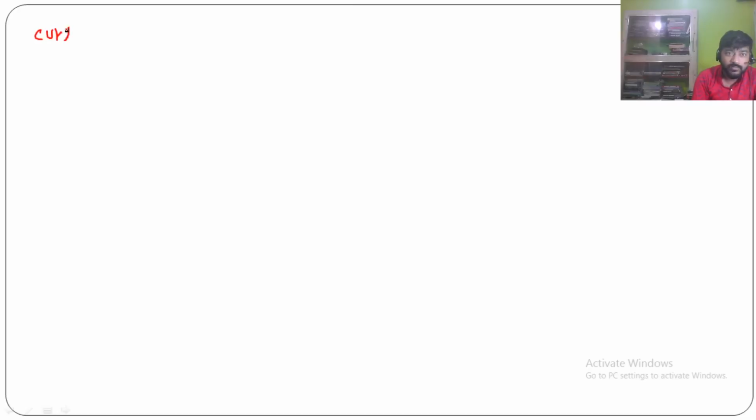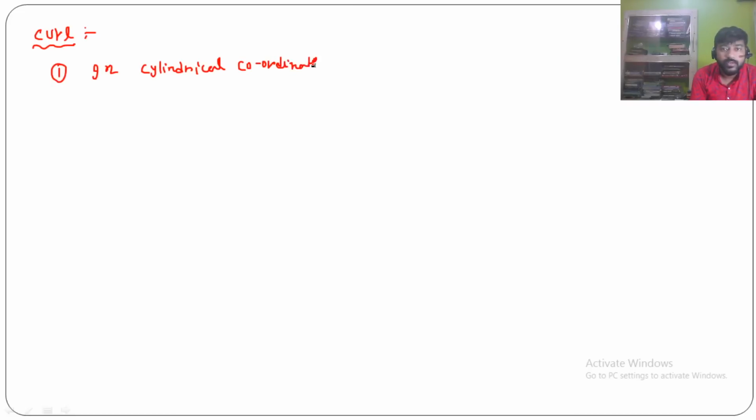Curl, for curl how you can write all these things. First let me write it in cylindrical coordinate, and then in spherical coordinate.